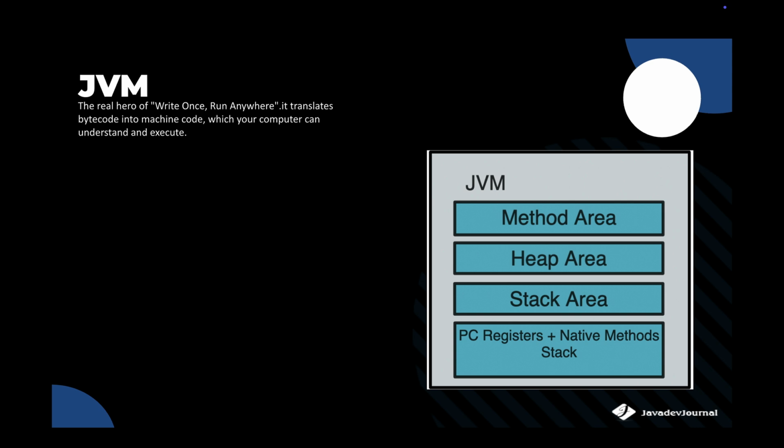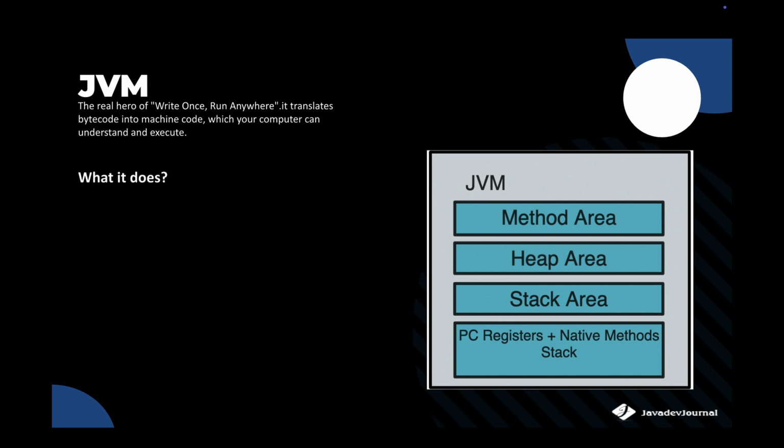The main responsibility of the JVM is to keep it platform independent, where you don't have to worry about whether my program is going to run on, let's say, Windows, or is it going to run on the Mac? That's something which the JVM is going to handle for you.